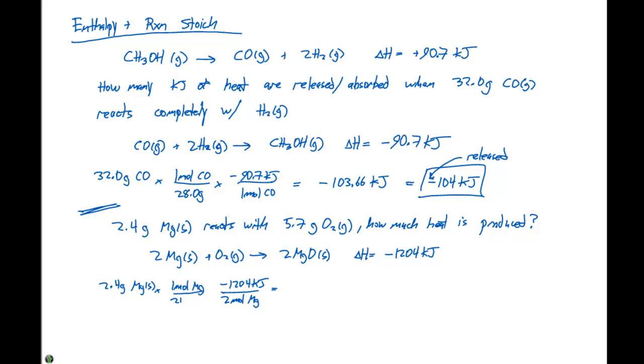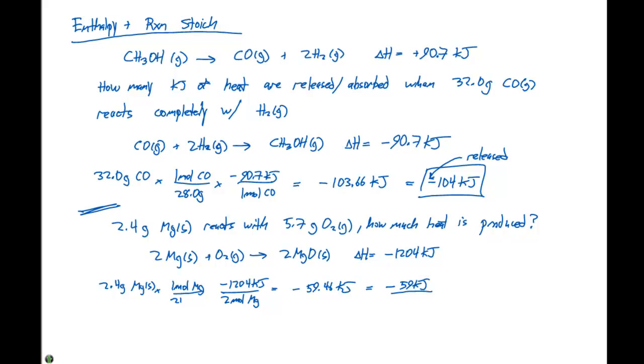So when we do our conversion factor here, we get negative 59.46 kilojoules. Or to 2 significant figures, we get negative 59 kilojoules. That's if all of the magnesium reacts, and if the magnesium was the limiting reactant.